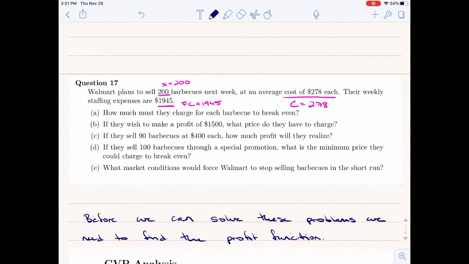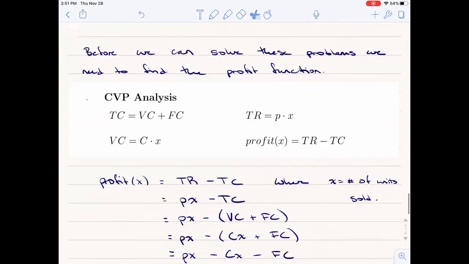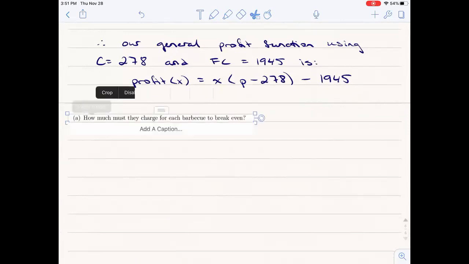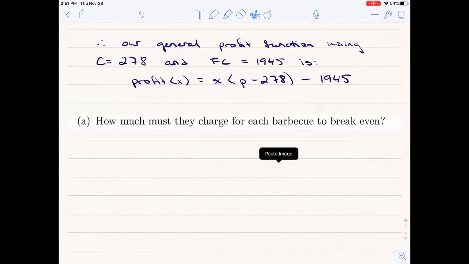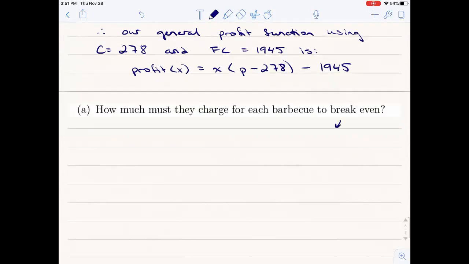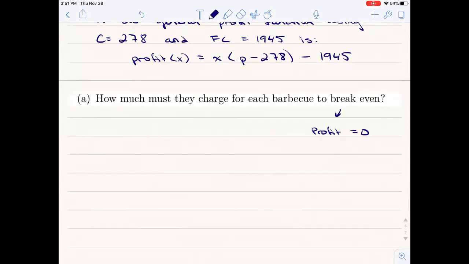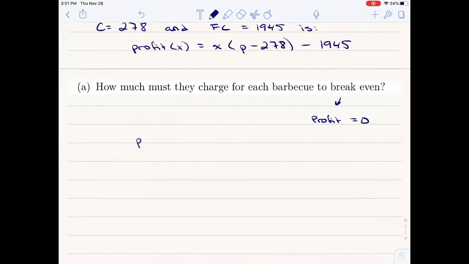Okay. So if we want this guy, A, to break even, the profit is 0. So what we know then is that we're forcing, I'll just rewrite my profit function, you don't have to.